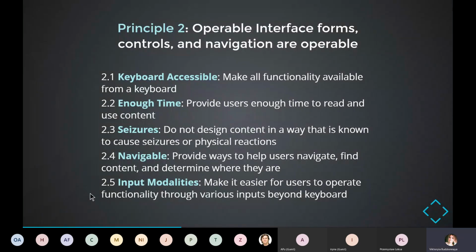And the fifth guideline, input modalities, make it easier for users to operate functionality through various inputs beyond keyboard. It's hard for me to imagine what else except keyboard we're talking about. Probably when we use a mobile phone, we don't use a keyboard or mouse, we use just touches.